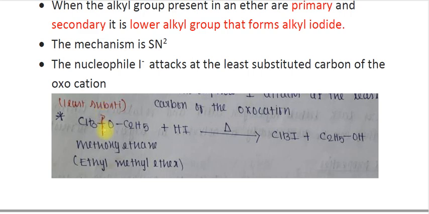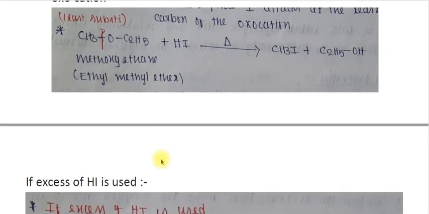The breaking takes place here because the nucleophile attacks the least substituted carbon, and CH3 is less substituted than C2H5. So the products are CH3I plus C2H5OH.